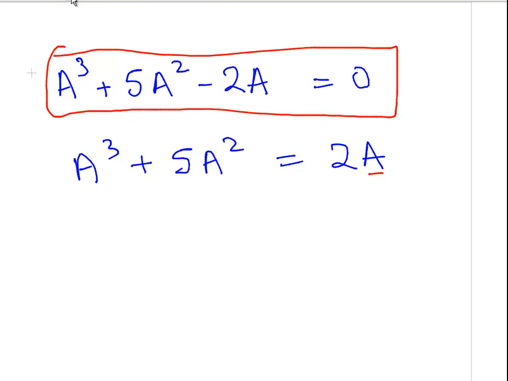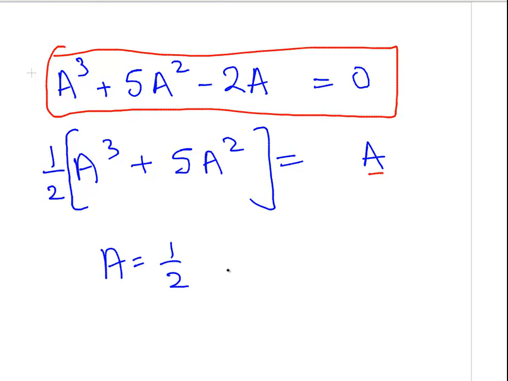I'm also going to divide both sides by 2 to get rid of that 2. So now I have an expression for A, and it is A equals 1/2 of (a cubed plus 5a squared). Okay, so far so good.